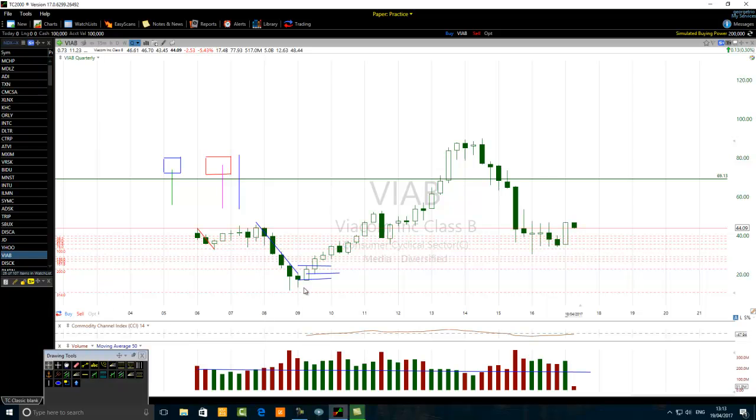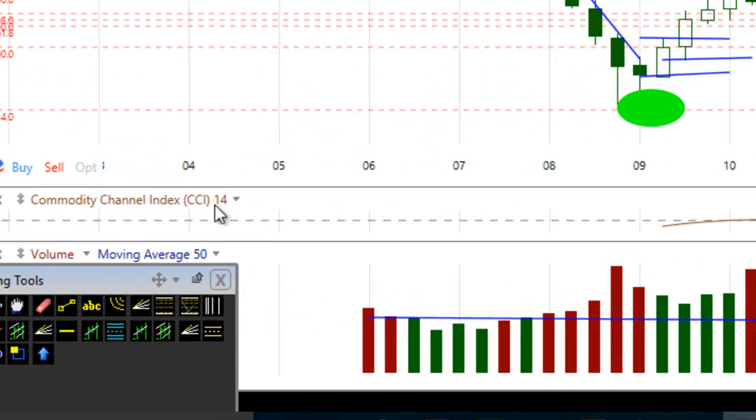You can see that the hammer is formed in the zone of 314%, the 314% Fibonacci extension zone. So this is a hidden key support level.